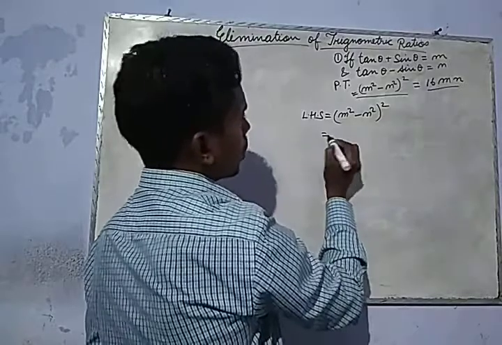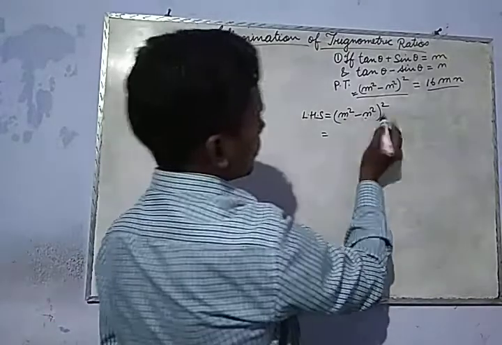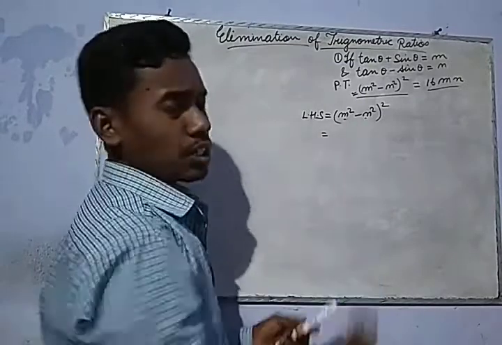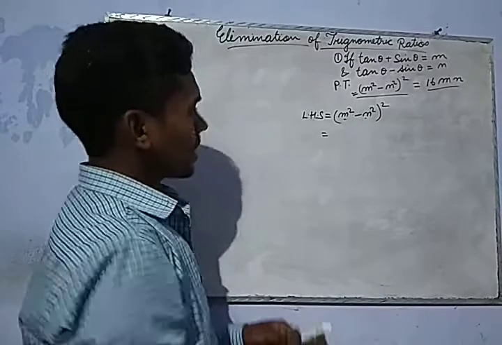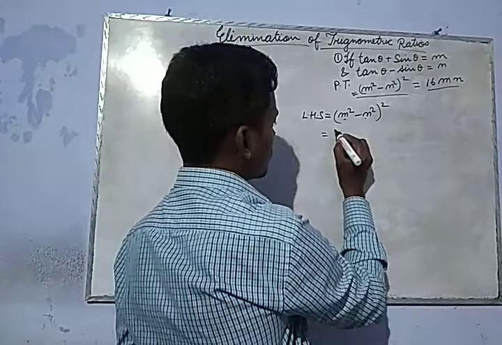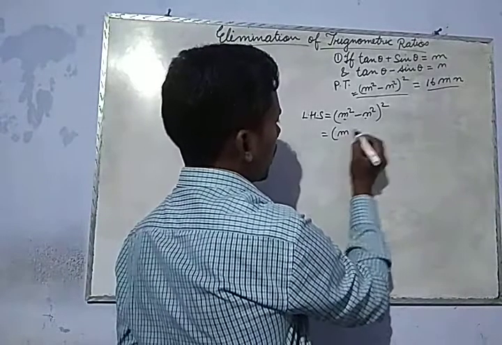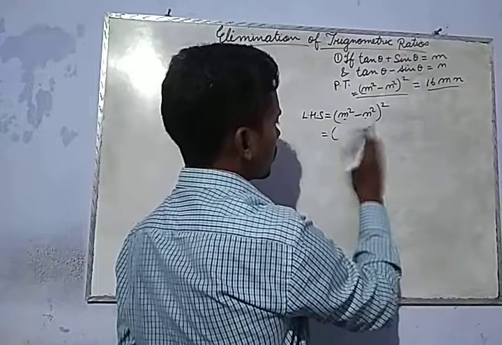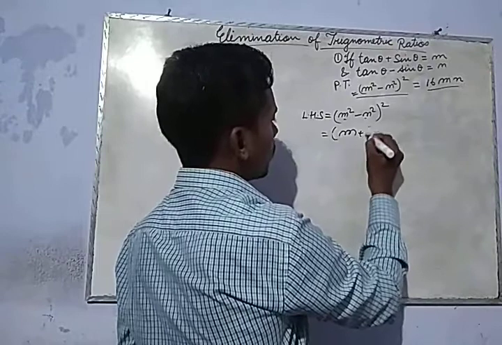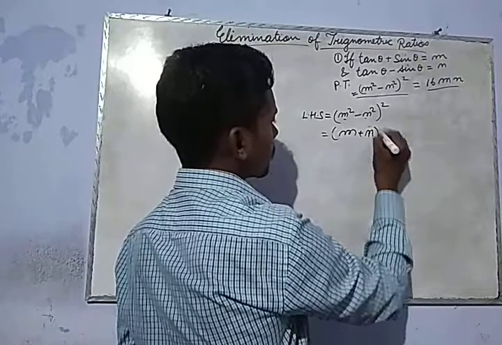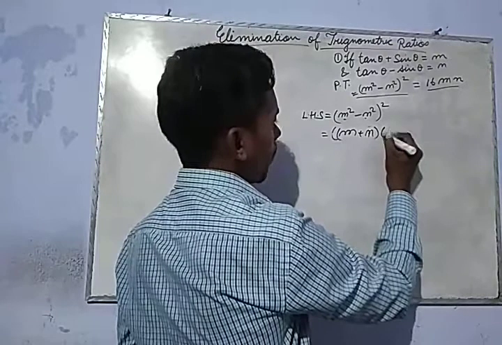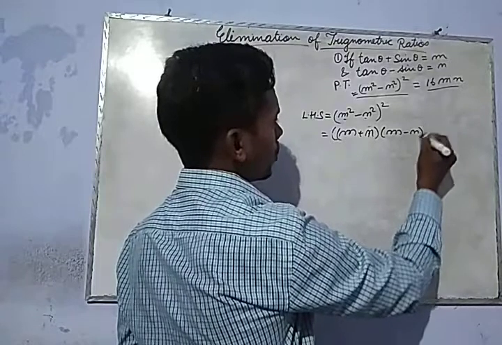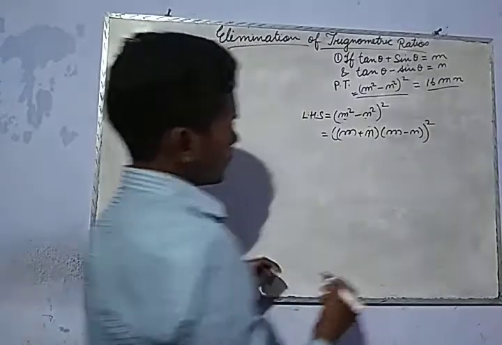We see that the bracket term is in the form of a square minus b square, so it can be written as bracket m plus n whole bracket m minus n whole square.